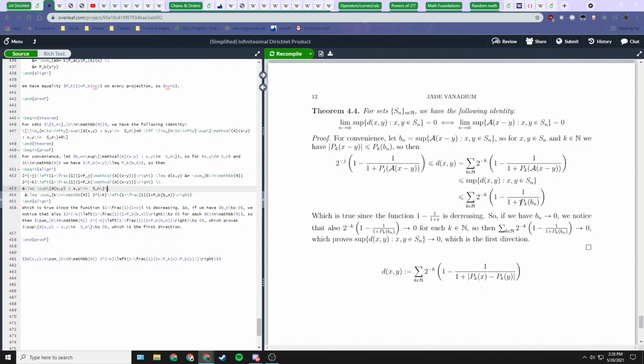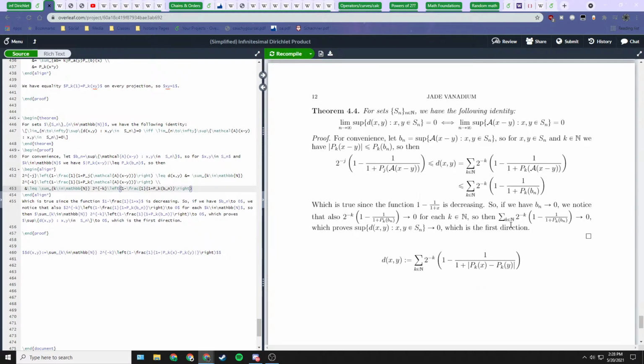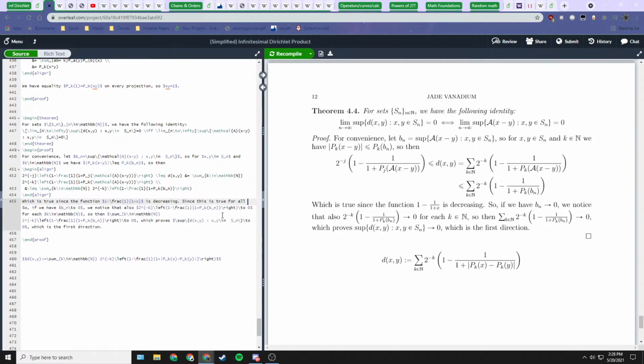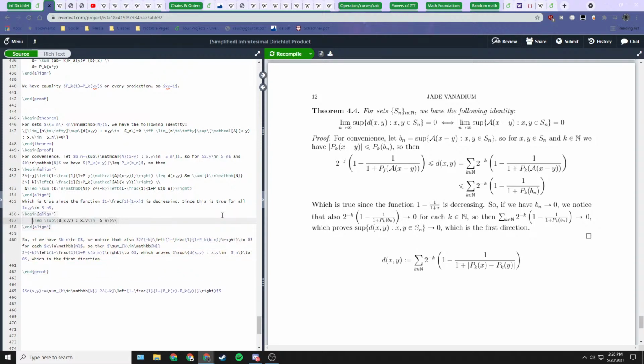So we'll start with this. We have this relation for every... we'll do this as being an upper bound for this.